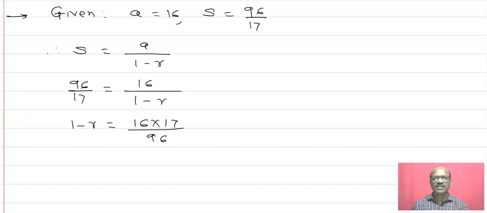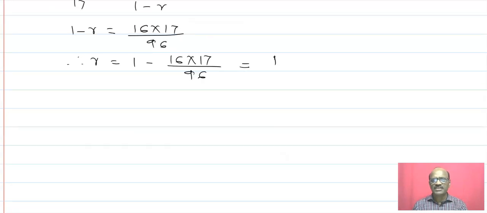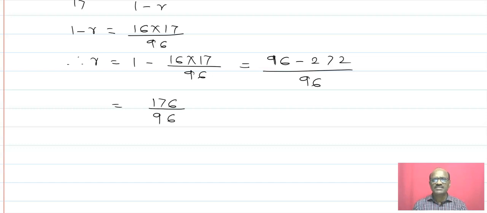Now, by cross multiplication, 1 minus r is equal to 16 into 17 upon 96. Again, by simplification, you will get r is equal to 1 minus 16 into 17 upon 96. That is 96 minus 272 upon 96, that is minus 176 upon 96.